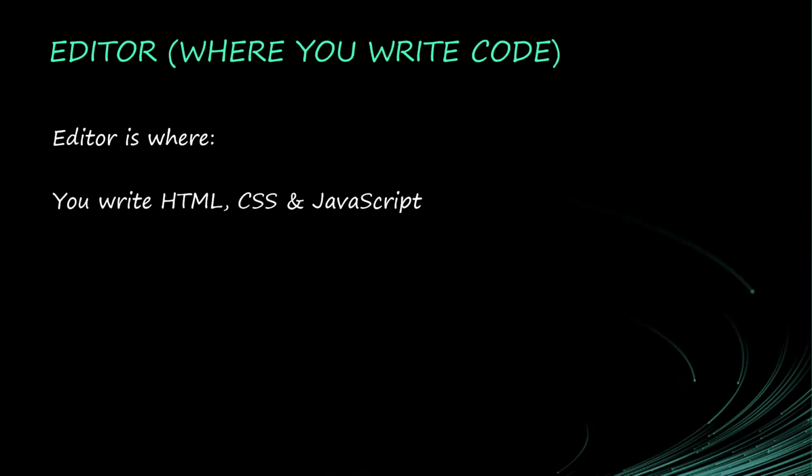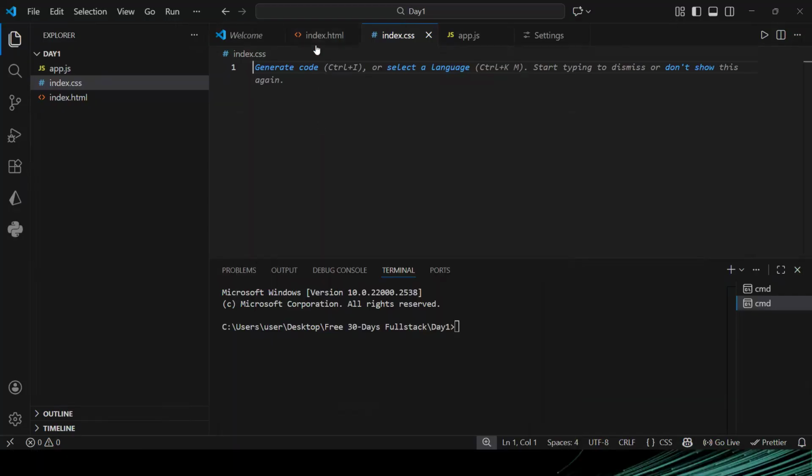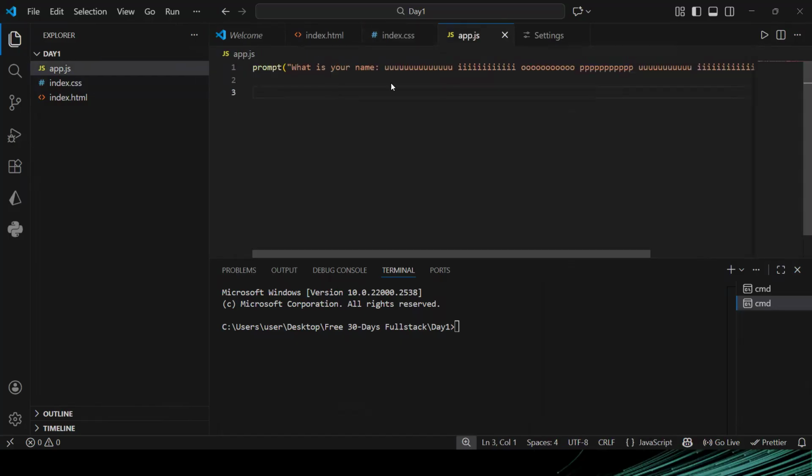Now, the code editor is where you write your code, your HTML, CSS or JavaScript code. That is where you see syntax highlighting, and errors are shown in real time. Let me go back to the app.js. It is in the code editor that you write your code.